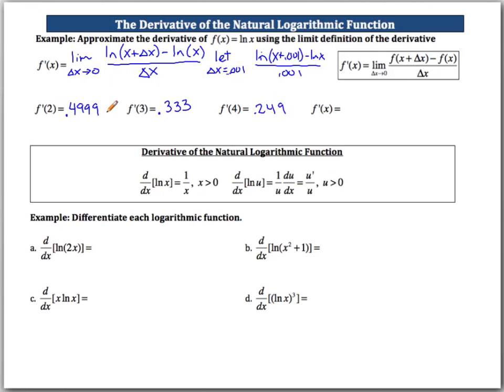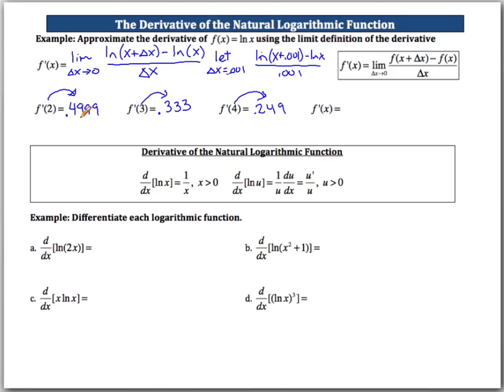Okay, so let's see if there is any way that we can find the derivative f prime of x by looking at these examples. Now, what I want you to do is say, how is 2 related to f prime of 2? How is 3 related to f prime of 3? And how is 4 related to f prime of 4?